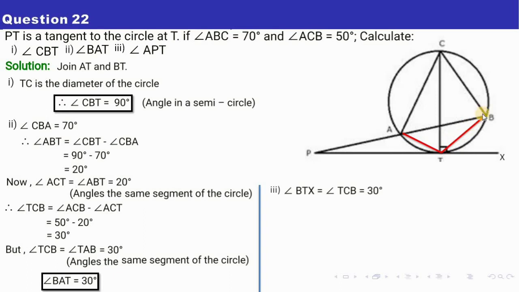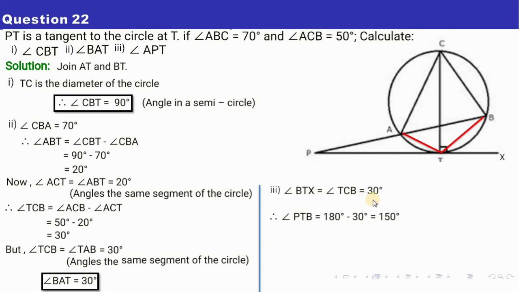In this segment we are finding BTX. So this BTX will be the angle in the alternate segment. So TB is making this angle or this angle, and we already know the value of these two, which is how much? 30 degree. So that's why this will also be 30 degree.